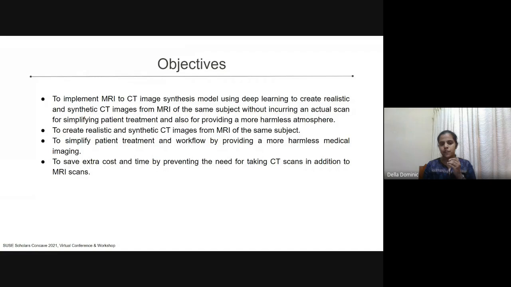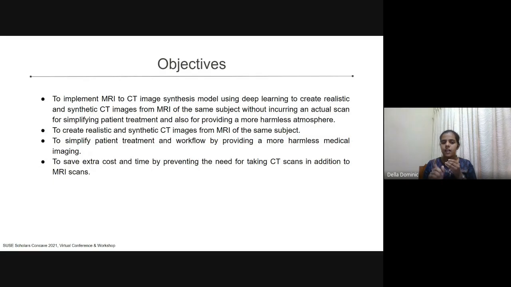Now, the need for this particular application is due to the fact that CT, which involves a lot of X-ray images to be taken from different angles, involves a lot of radiation in the process, and it can create harm to people, especially pregnant women and infants. In such cases, incurring an actual CT scan is impractical, and depending on this model is the only method.